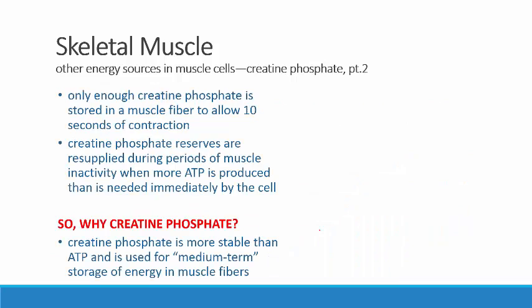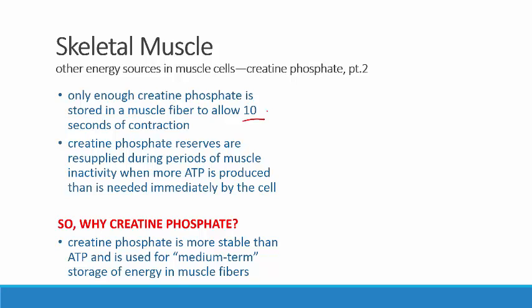Now, we have 4 to 6 seconds of muscle contracting energy in the cell in the form of ATP. We have another 10 seconds of creatine phosphate available in the cell. And so the creatine phosphate will be relatively quickly depleted from the cell.